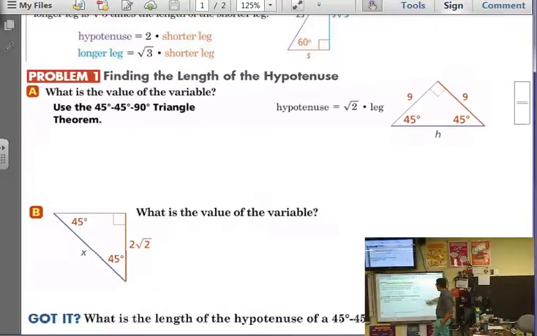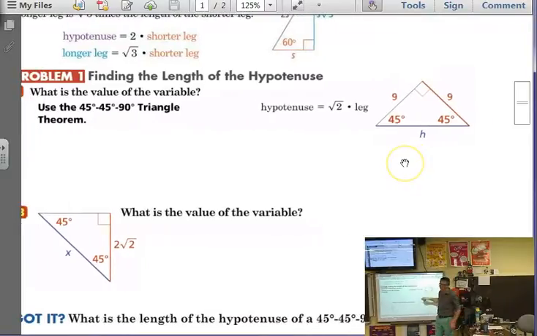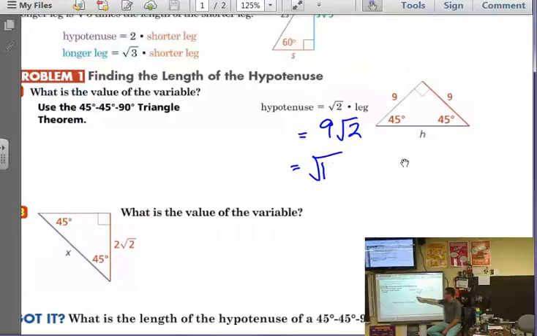So when we are given the leg length of an isosceles right triangle, we can easily calculate the hypotenuse by taking radical 2 times the leg. So when I do that, I get 9 times radical 2. If I wanted to put it all together, this would become 2 times 81, 162. It would be like a radical 162.